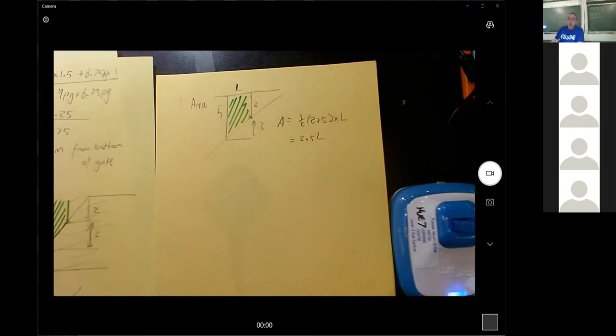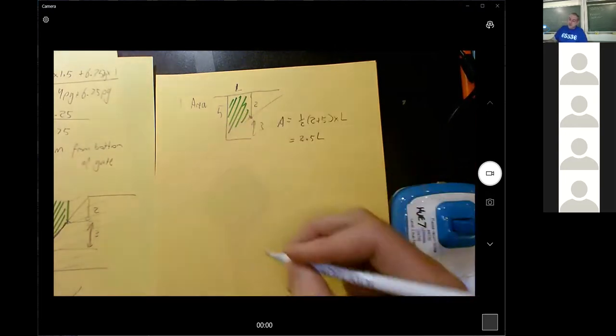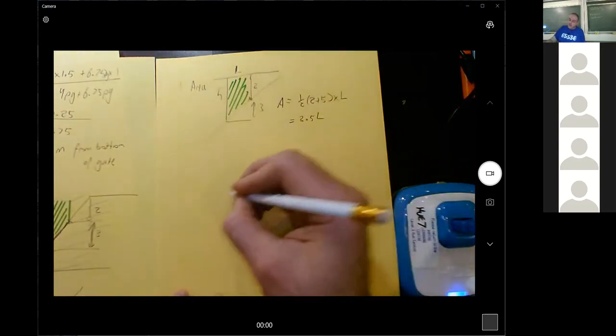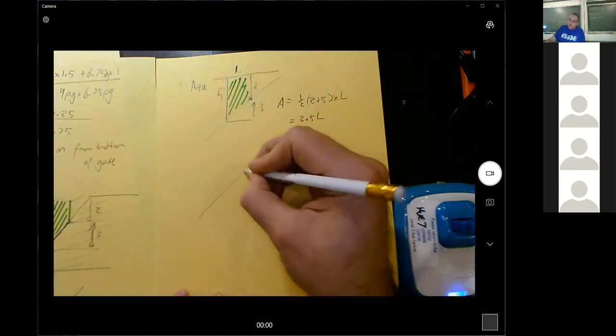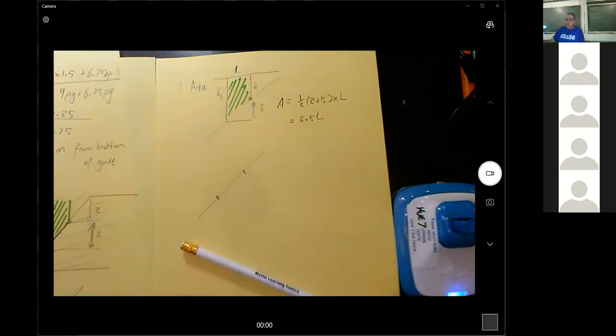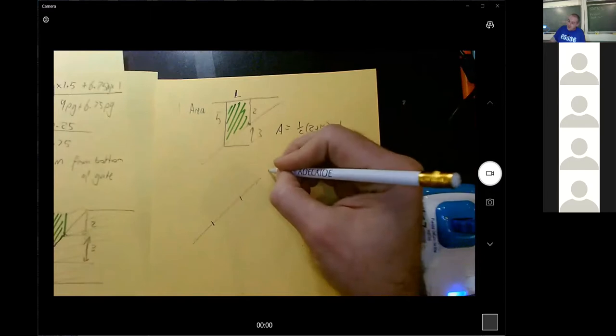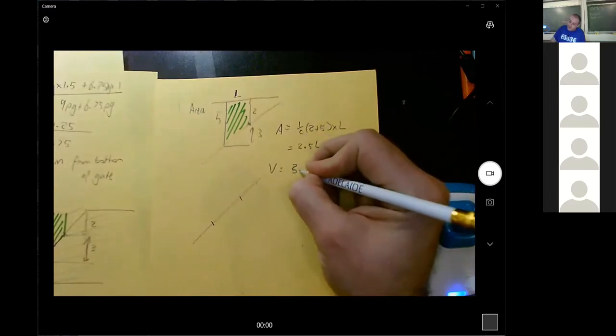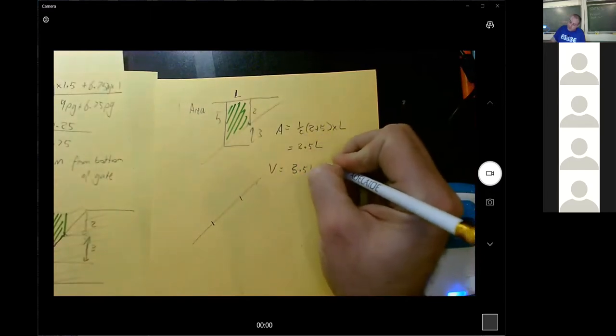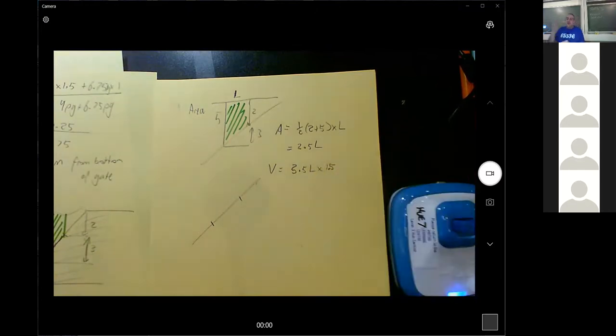And so the total, well, the actual diagram we've got is that, that's the area. And then the volume will be that times the 1.5, because that's how long the gate is. 1.5 times 3 is 4.5, and 1.5 times a half is 3/4.